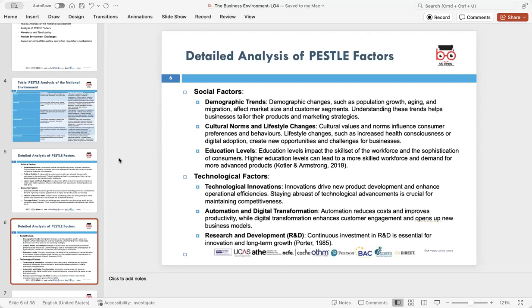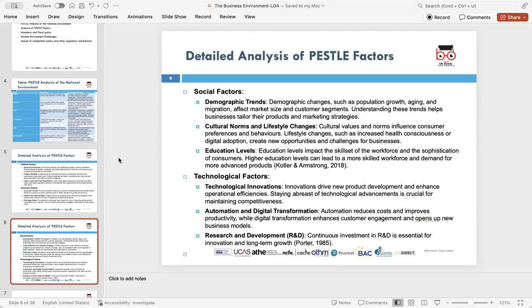Technological factors. Technological innovations are critical for driving new product development and enhancing operational efficiencies. Staying abreast of technological advancement is important for maintaining competitiveness in dynamic markets.